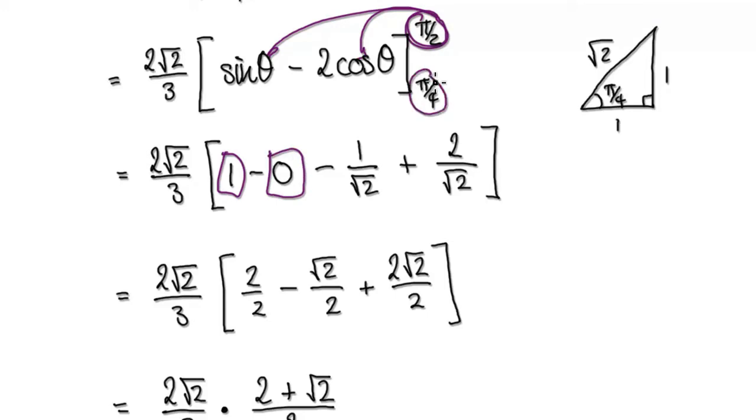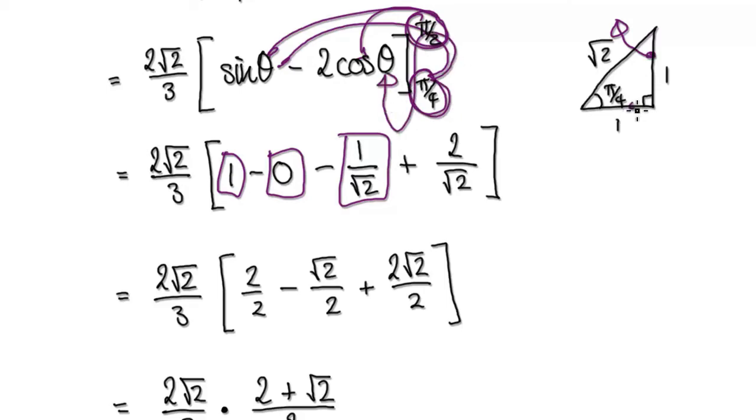And then put pi over 4 into here. So sine would be 1 over root 2. And then you've got a negative and this negative here, that will give it a positive. And then you put pi over 4 into here. Cos of pi over 4 would be 1 over root 2.